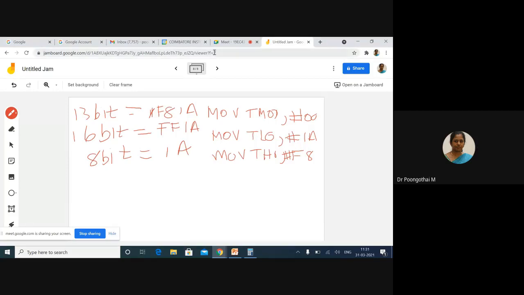After loading this value, you have to start the timer by using SETB TR0. After setting, what do we do next? So your timer gets started. Next you are going to monitor which one?